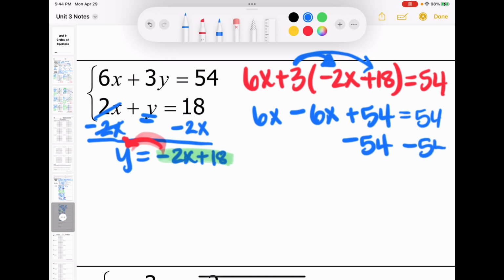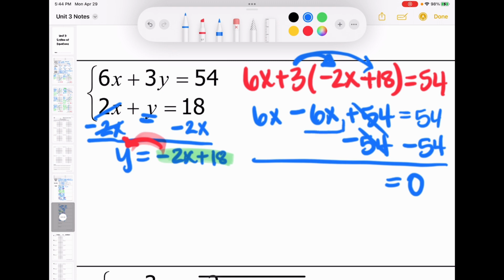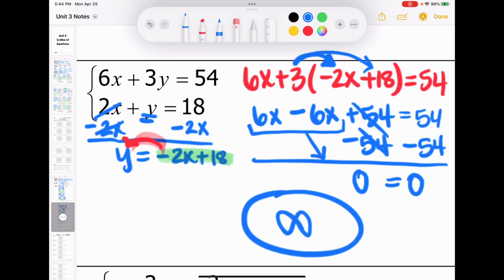So I'm going to subtract 54 from both sides, which gives me 0, because 54 minus 54 is 0. And then I can combine my variables, so 6x minus 6x is also 0. So when you are working out a problem and you end up getting 0 equals 0, that means that these are the same exact line, which means there's going to be an infinite amount of solutions.